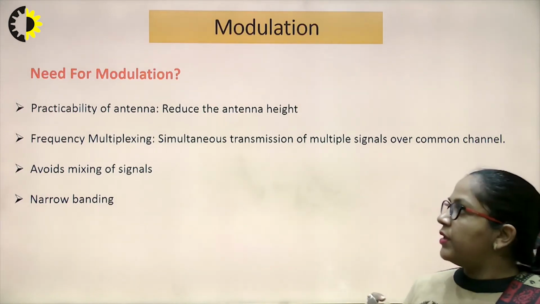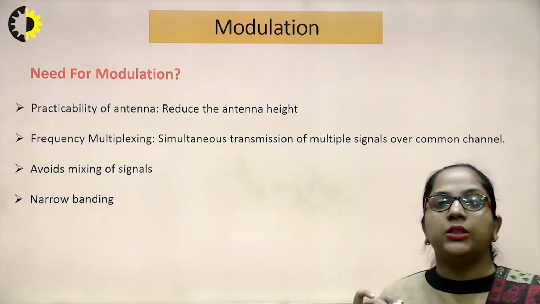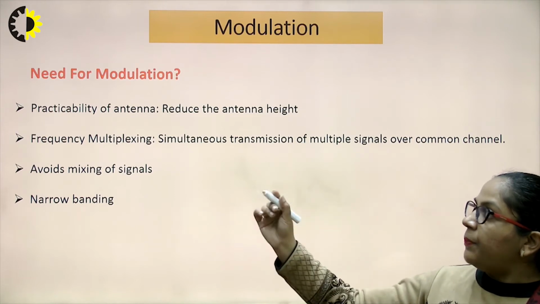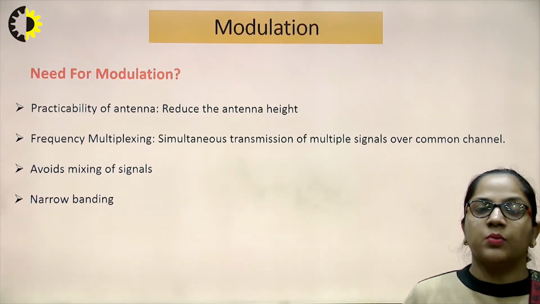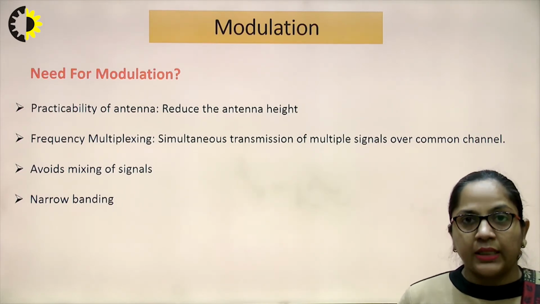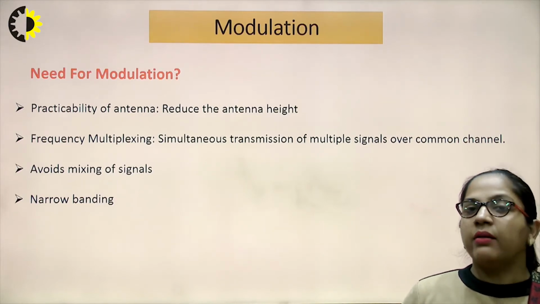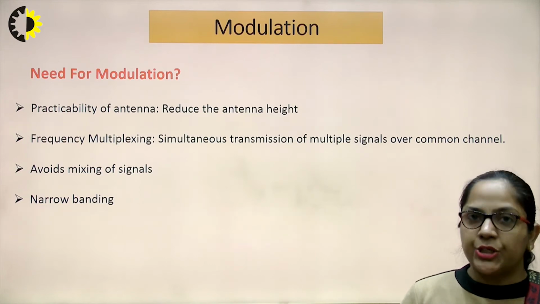So, the very first requirement of converting this low frequency signal into a high frequency signal is to get the practicability of antenna. That means this modulation will help us to reduce the height of the antenna, that is, the length of the antenna.